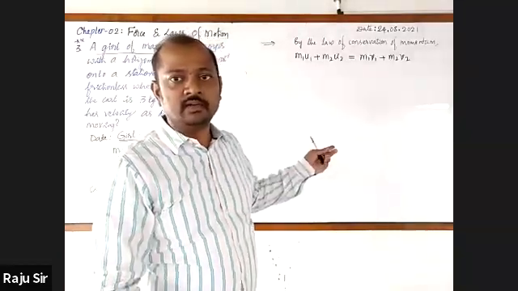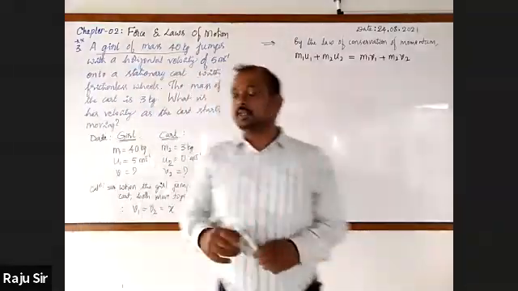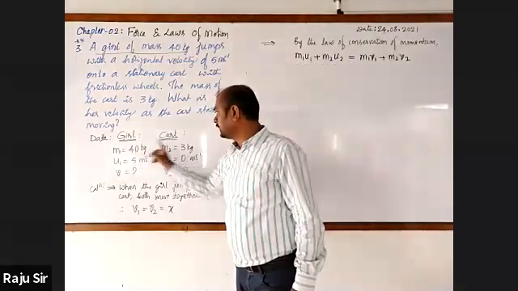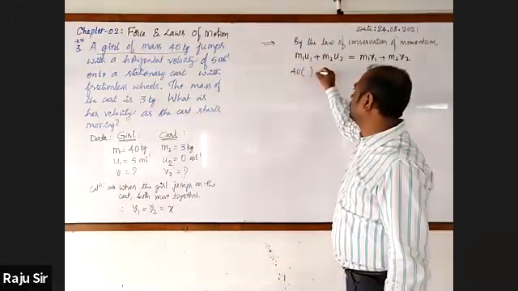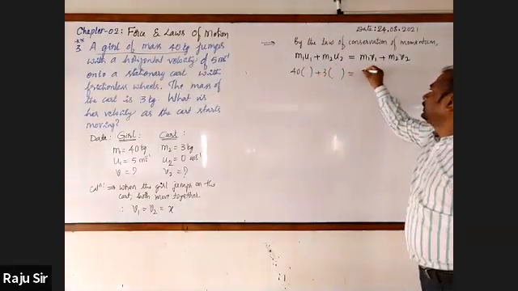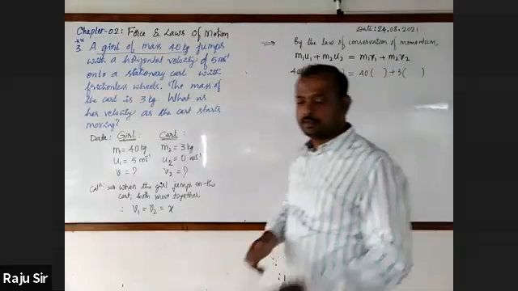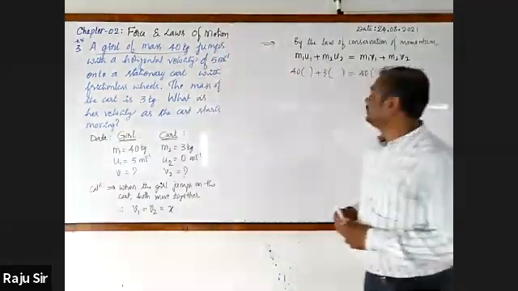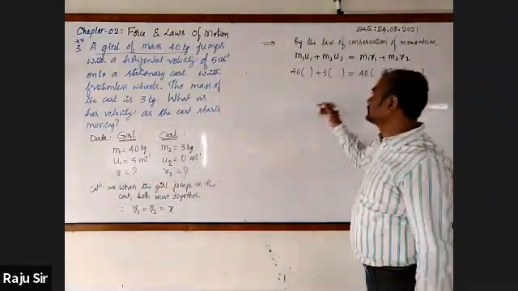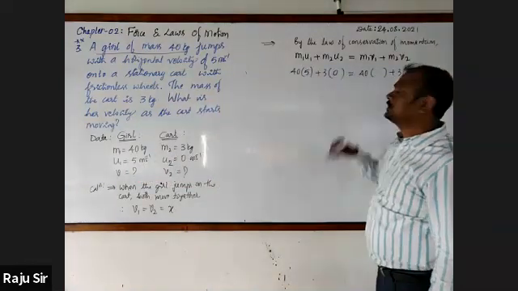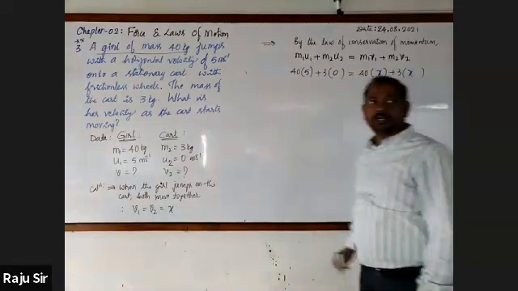Then go for substitution. First substitute M1 and M2. M1 is 40 kg, M2 is 3 kg. So 40 into U1 plus 3 into U2 equals 40 into V1 plus 3 into V2. Substitute U1 as 5 meters per second, U2 as 0. V1 is x, and V2 is also x.